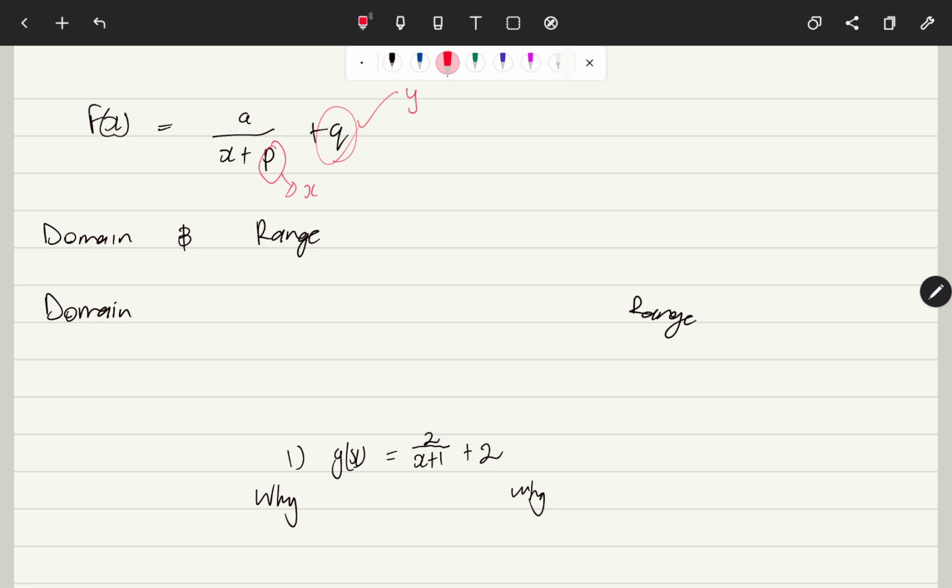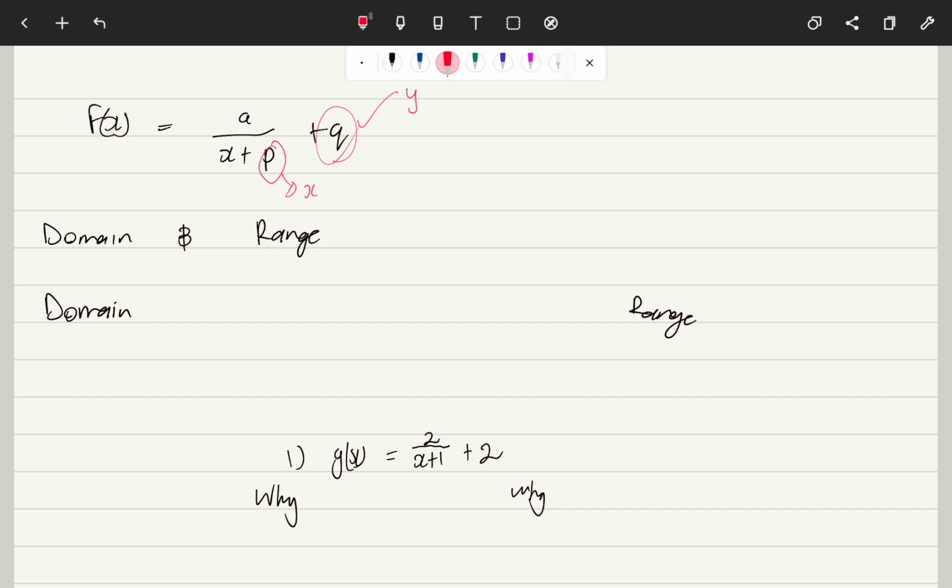Now, remember how we treated P for the parabola. When we saw P being positive, when we wrote it down, we wrote a negative value. The same thing we can apply here. So let's go on. I'm not sure if I did justice by giving the definition of what a domain is or what the range is.